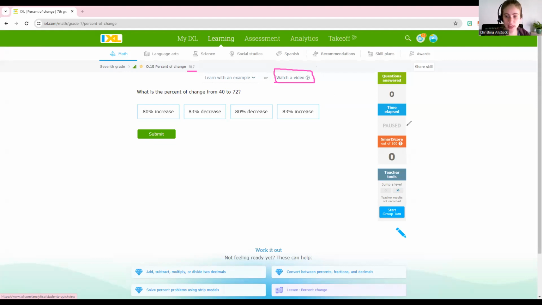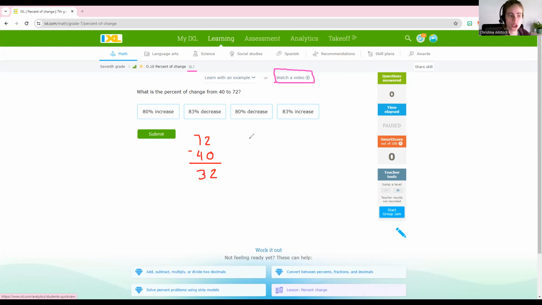All right, if we think about that formula that I shared with you a moment ago, the first thing that we need to do is to find the amount of change. So how much did it change when it went from 40 to 72? Well, what can we do to find that difference? We can subtract. So if we take 72 and subtract 40 from that, we get 32.